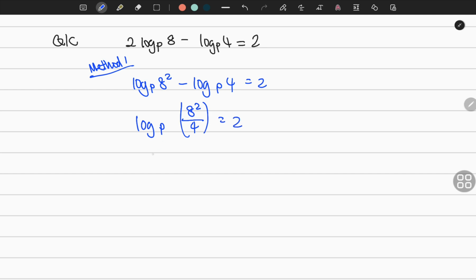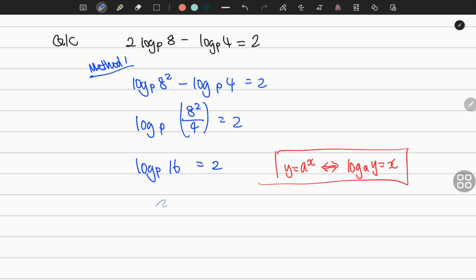This is equal to 2. So this will then give me, using the idea of the relationship between logarithm and exponents, I'm going to rewrite this as p squared is equal to 16. That will then give me p to be equal to plus minus the square root of 16, which is basically just plus minus 4.